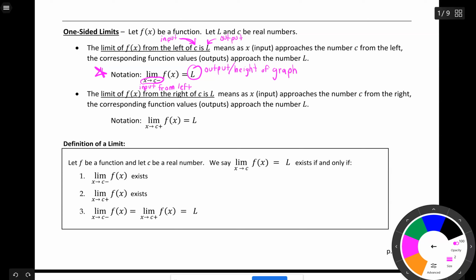From the left has that little negative sign. From the right, you have your input with a positive sign. So if you see that plus sign, that's your input from the right. And again, it's just approaching some kind of output, some number there. And that's just your height of the graph.